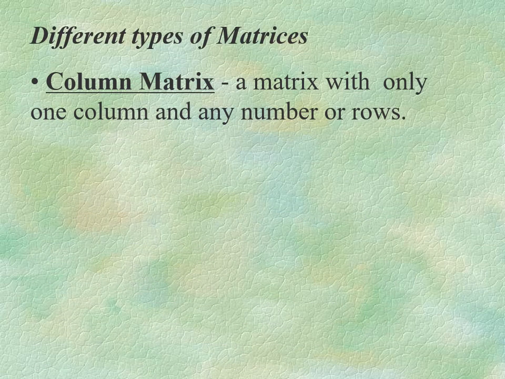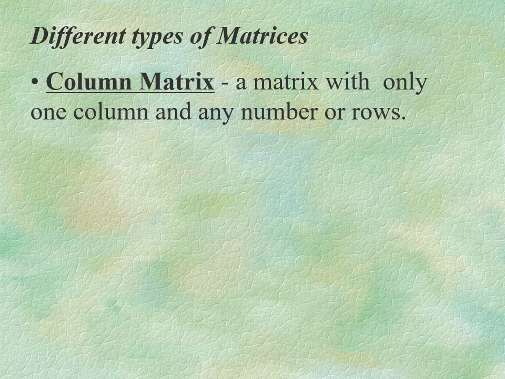So about the types of matrices. The first type is a column matrix. A column matrix is a matrix with just one column and any number of rows.